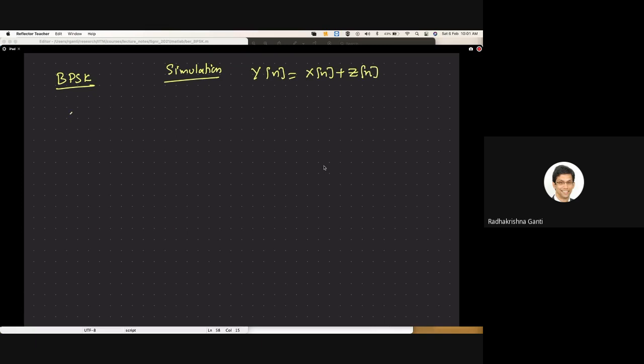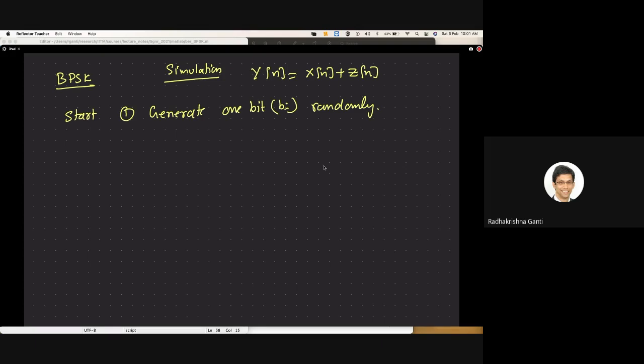The first step is you generate one bit, call it b_i, randomly. Remember, our bits are uniformly random, so each b_i should take 1 with probability half and 0 with probability half.